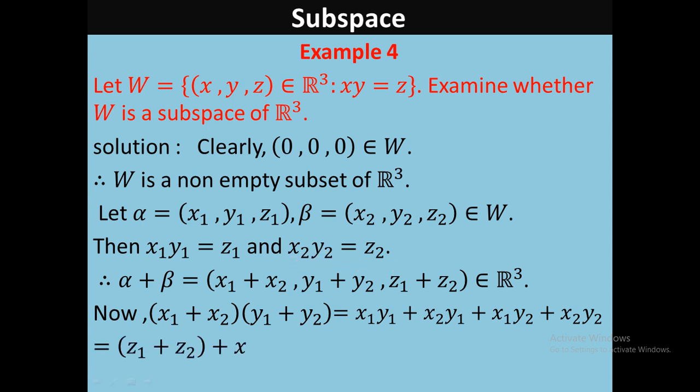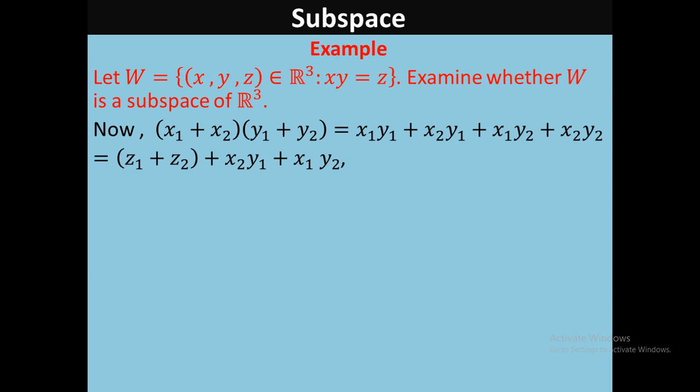Therefore z1 plus z2, and the remaining portion is x2 y1 plus x1 y2. But you have to show that x1 plus x2 into y1 plus y2 equals z1 plus z2, because alpha plus beta will be in W if the multiplication of the first two components is equal to z1 plus z2. This portion is extra.